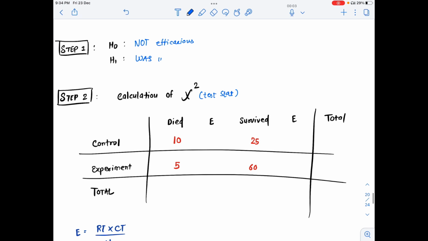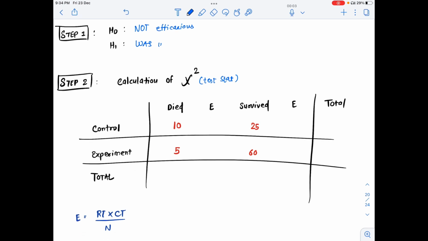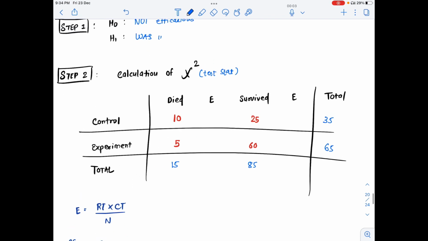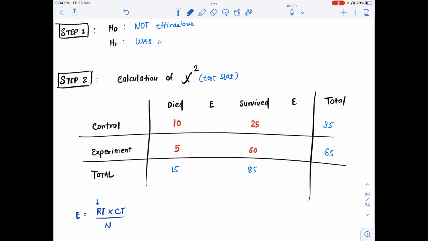Now this much information we are given. So we will first calculate the totals. Here the row total will be 35, here the row total will be 65, the column total here will be 15, and the column total here will be 85. Now the expected value, we have seen the formula, where RT is the row total. So what is the row total here?